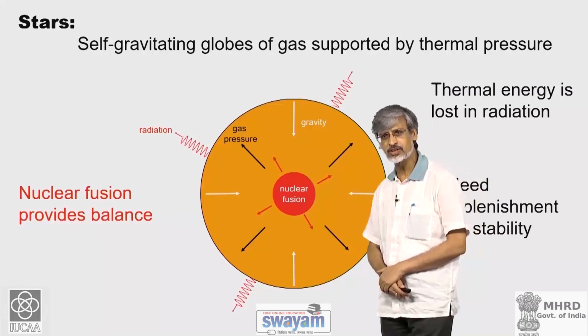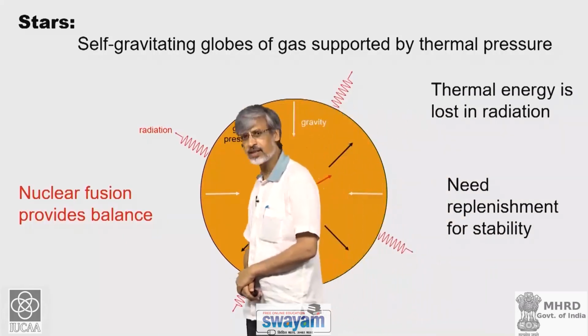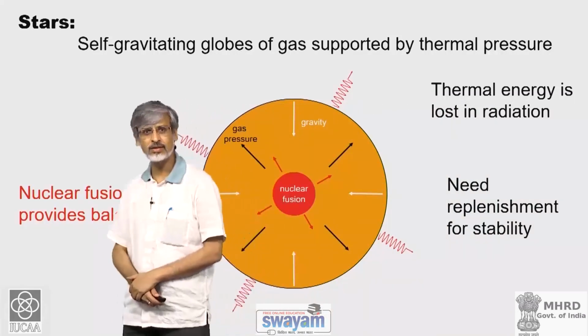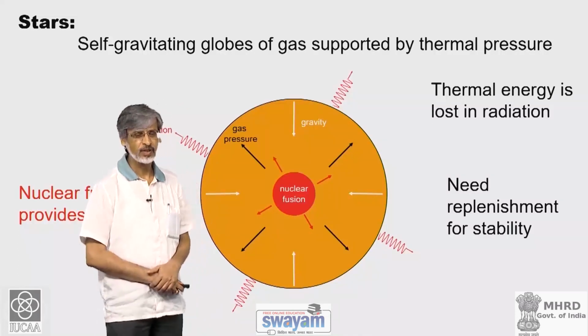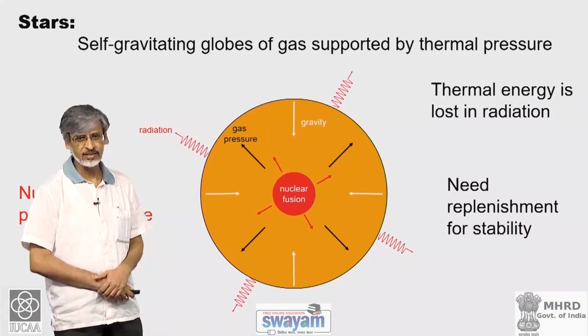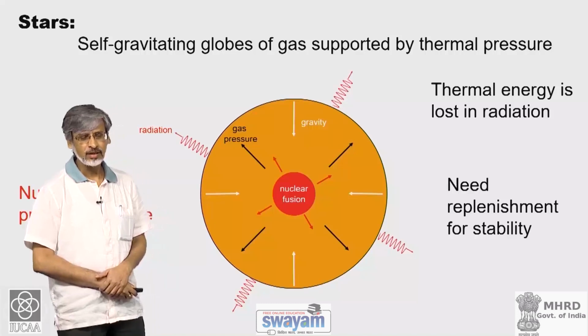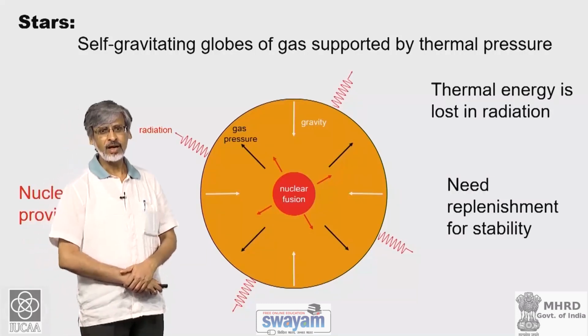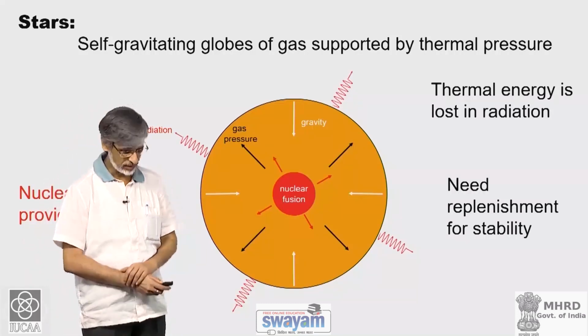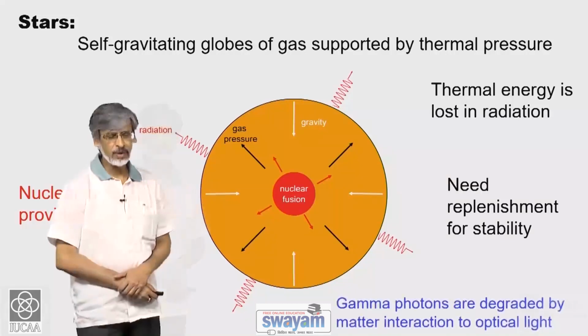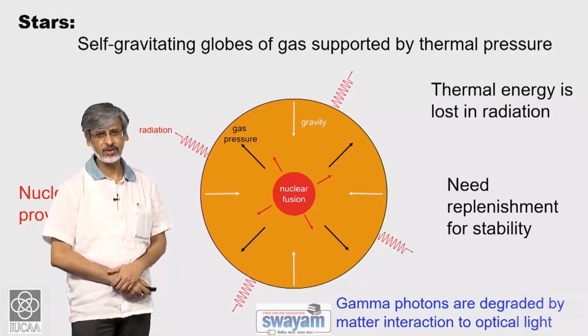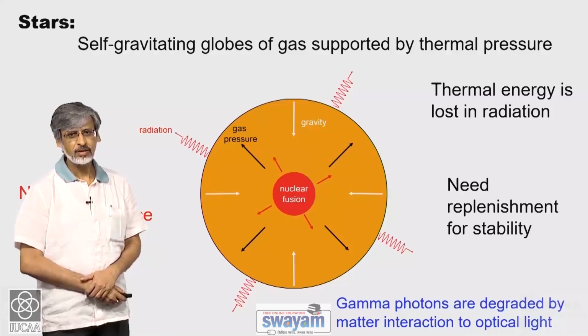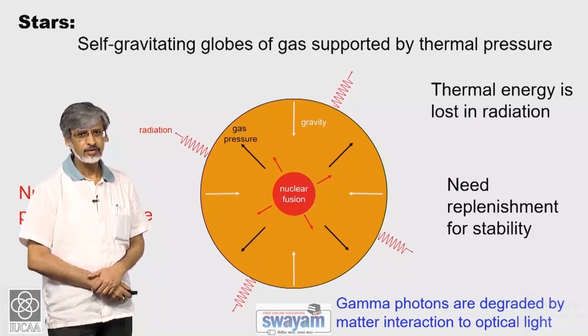And most stars that we see are in that kind of configuration, and a star like the sun is burning hydrogen to form helium in the interior. Nuclear fusion, as you would have learnt, creates gamma ray photons.